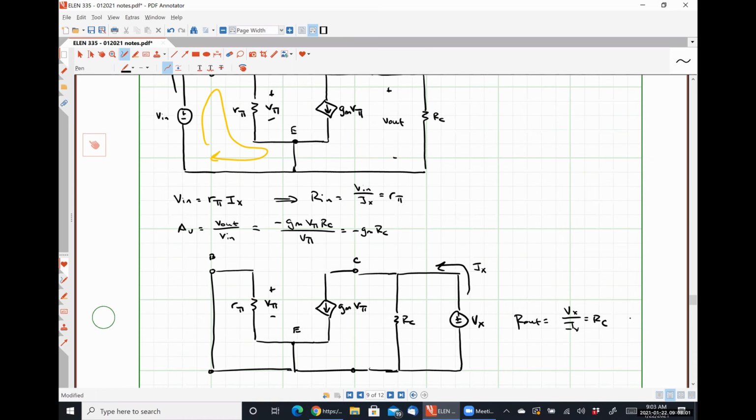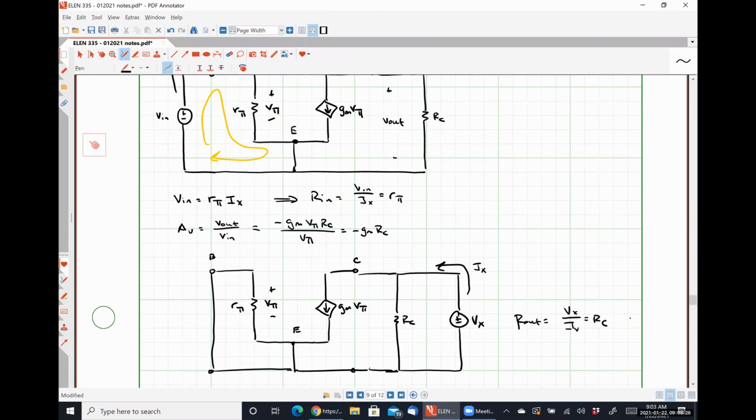That's what's giving us a negative gain. The voltage gain is proportional to the transconductance. So if we want a high voltage gain, we need to bias this guy to where IC is relatively large, right? Because GM is IC divided by VT.